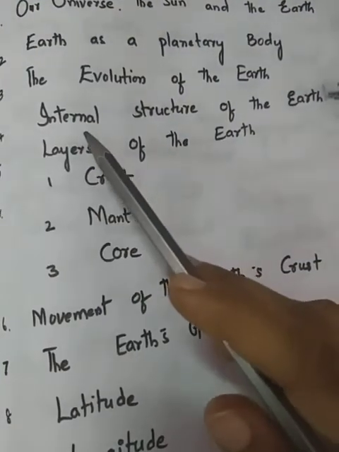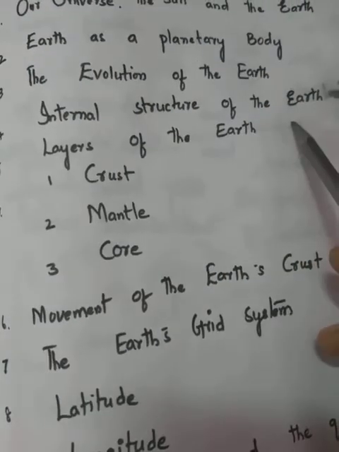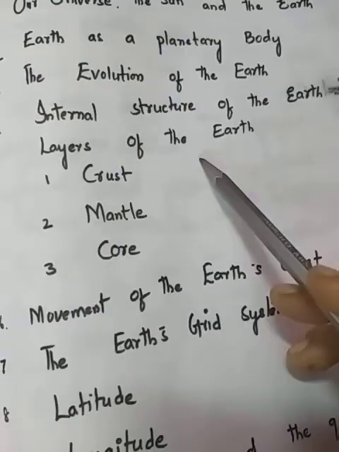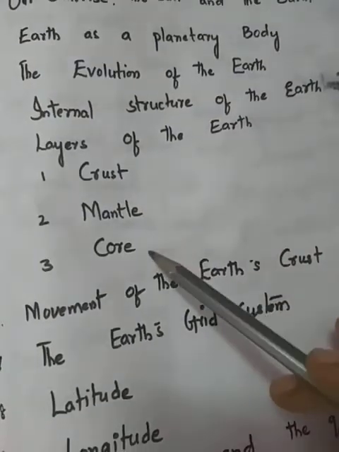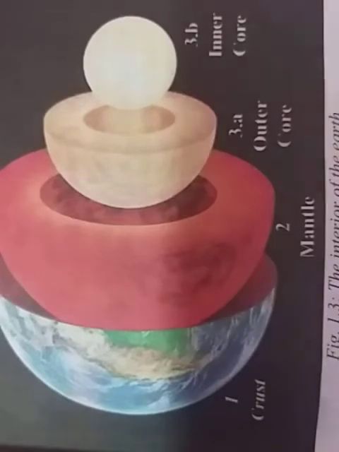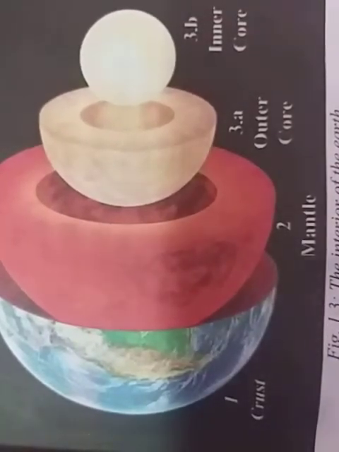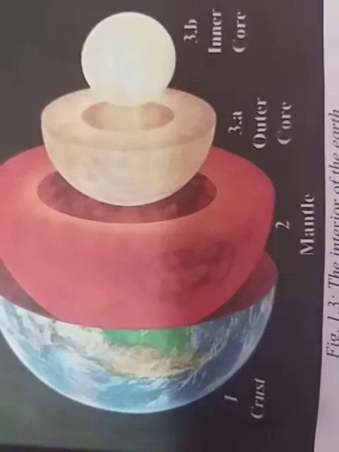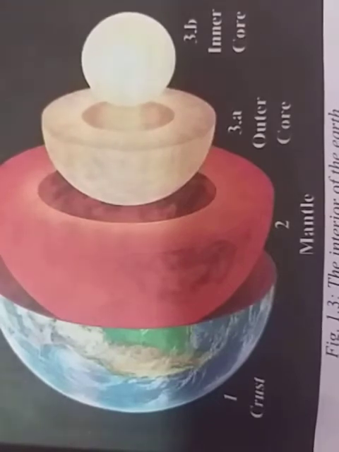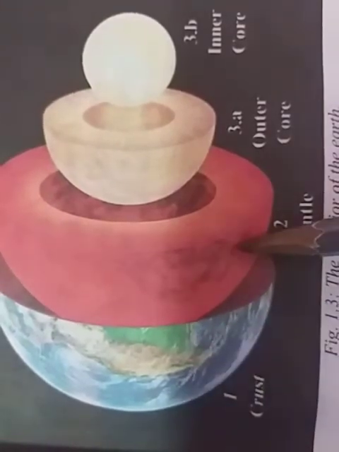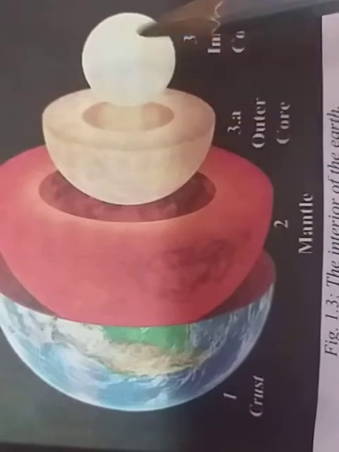Let's see the internal structure of the Earth, the layers of the Earth: crust, mantle and core. See the diagram. What are you observing, children? This is the picture of the interior of the Earth. You know how many layers there are? Crust, mantle and core. This is crust, this is mantle, this is outer core and inner core.